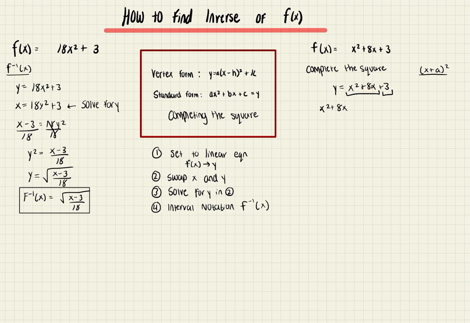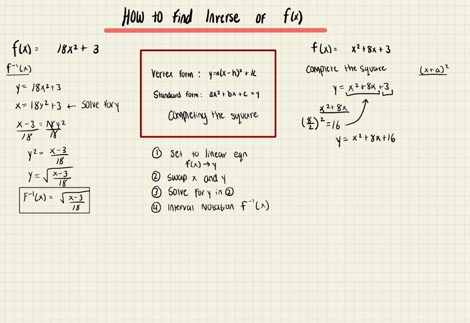And I'm going to divide it by 2 and then square it. And so that's going to give me 16. Now what I do with this 16 is I plug it back into this function like this. y is equal to x squared plus 8x plus 16.